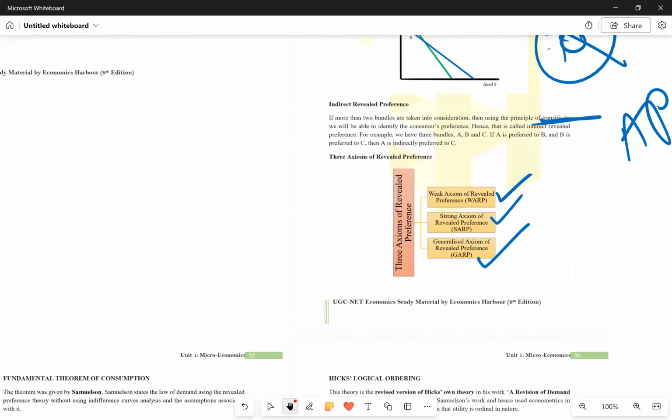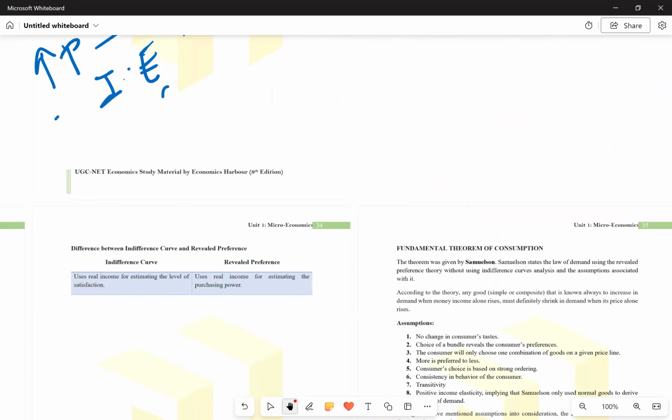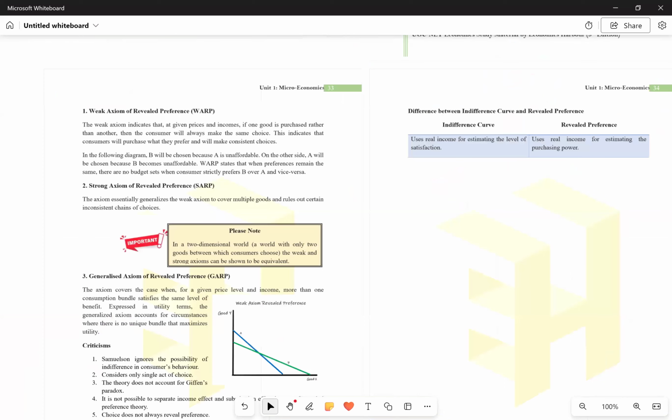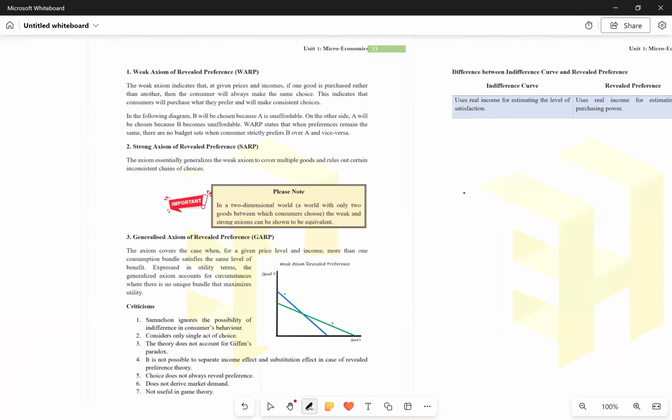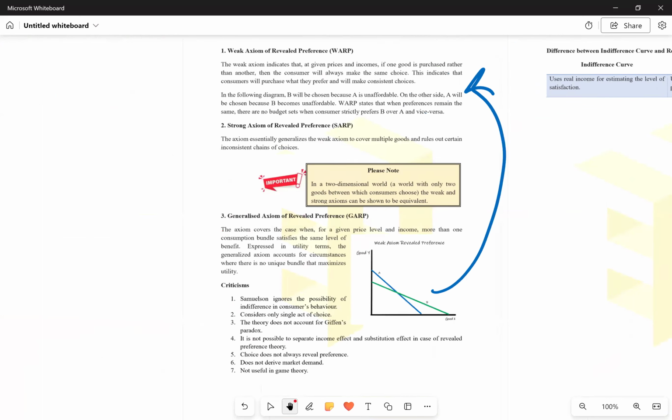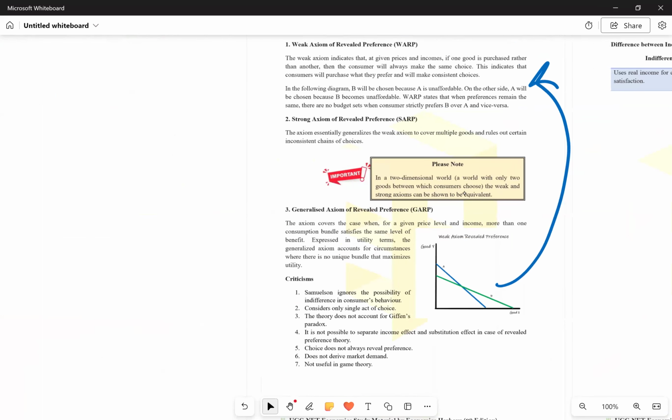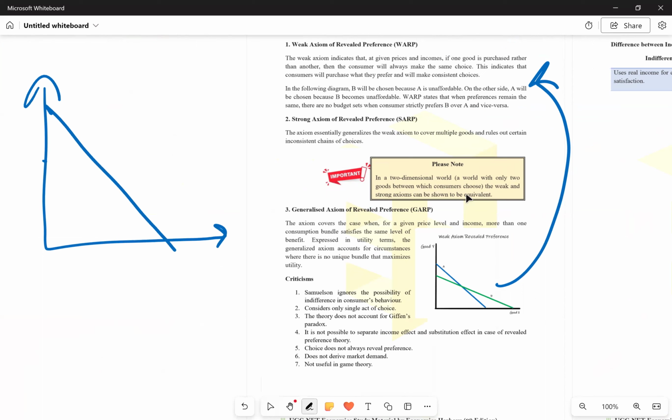So what is the weak axiom? You are posed with a bundle of goods, and you can shift this diagram. These are the two budget lines, one is A and one is B, right?